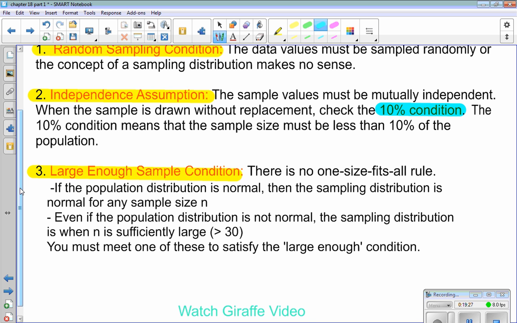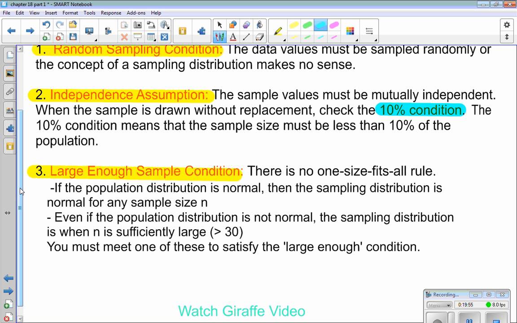Therefore, we don't care what the sample size was. That's important, so I'm going to say that again. Stop writing and listen for me, please. If we are told that the population is normal to begin with, I don't care what the sample size is. We can still use the central limit theorem. We can still find our new standard deviation and divide by the square root of our sample size.